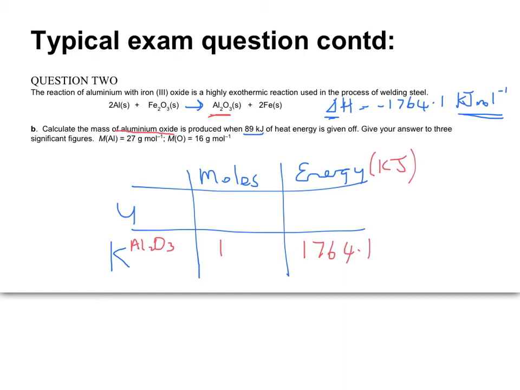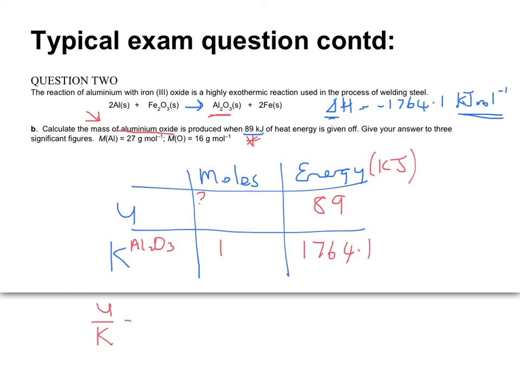Okay, and instead of that amount of energy released, the question has told us that we've only got 89 kilojoules released, and we're wanting to work out first how many moles that is, and then we are told that we want to calculate the mass.